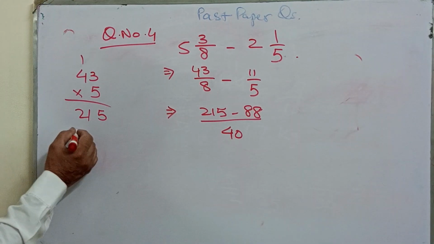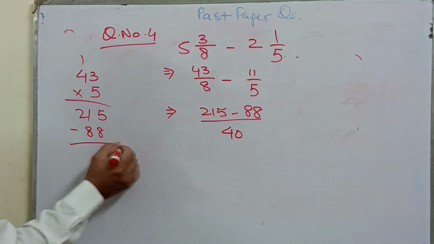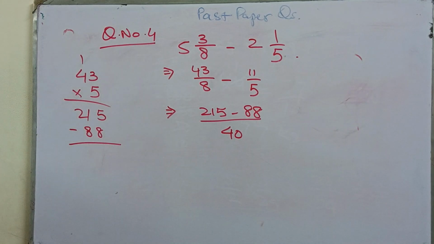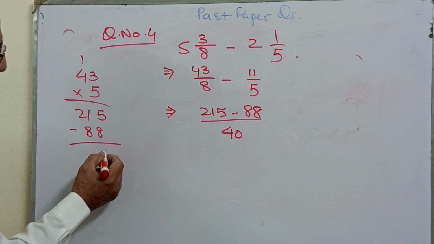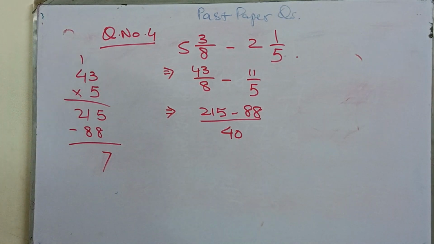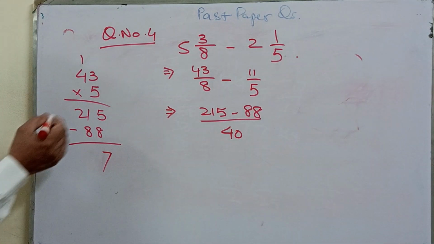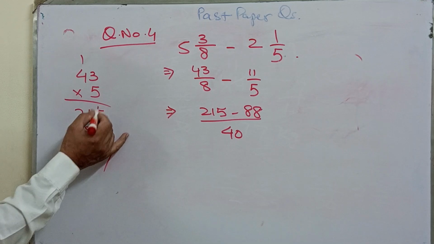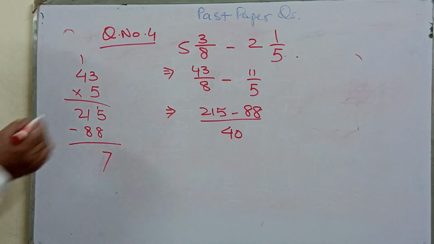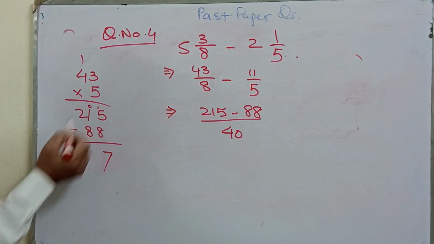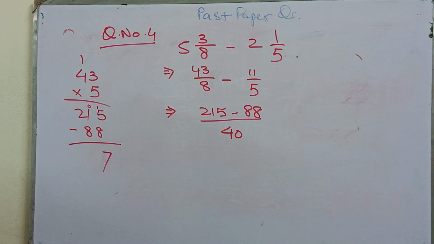Now just subtract 88 from 215. 15 minus 8 is 7. Of course, we have borrowed 1 from here, so it has become 15. Here there was only 1, so it has gone to 0.